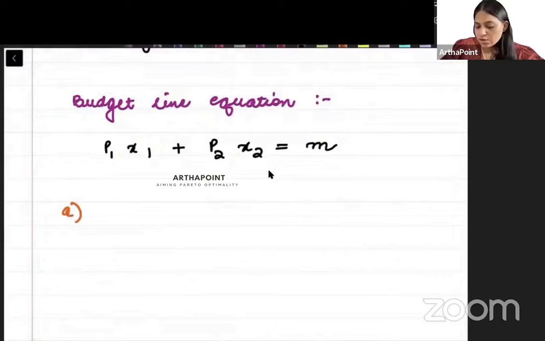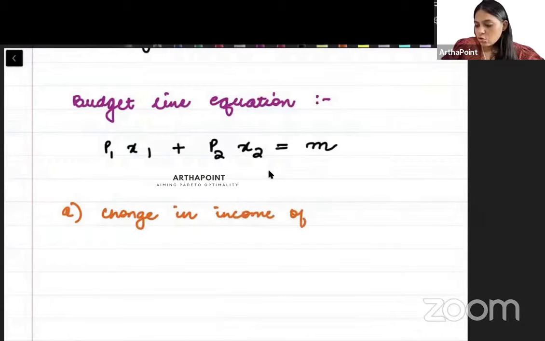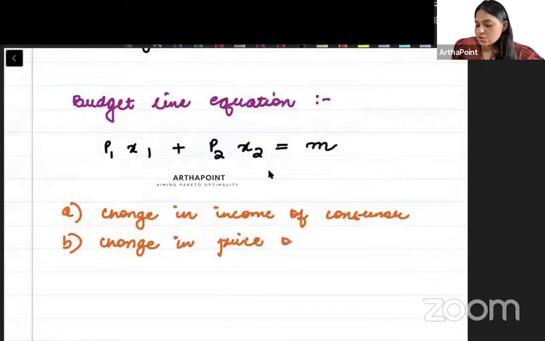Reason number one, change in income of consumer. Reason number two, beta, change in price of goods.